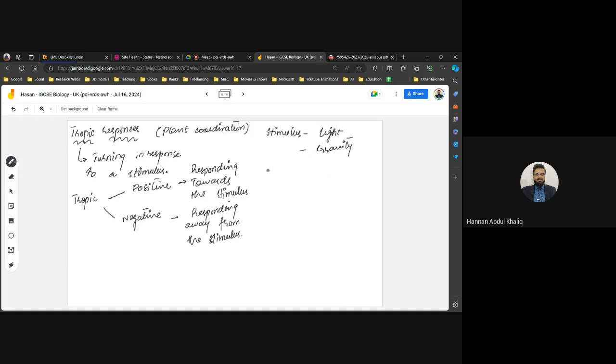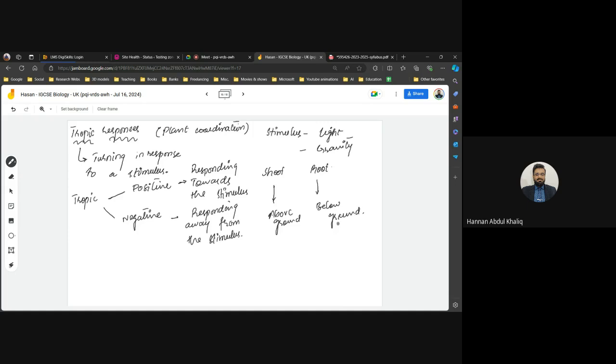Suppose I talk about the two parts of the plant, one is shoot and the other is root. The shoot is the part of the plant that is above ground. Anything above ground is counted as shoot, and anything below ground is counted as root.